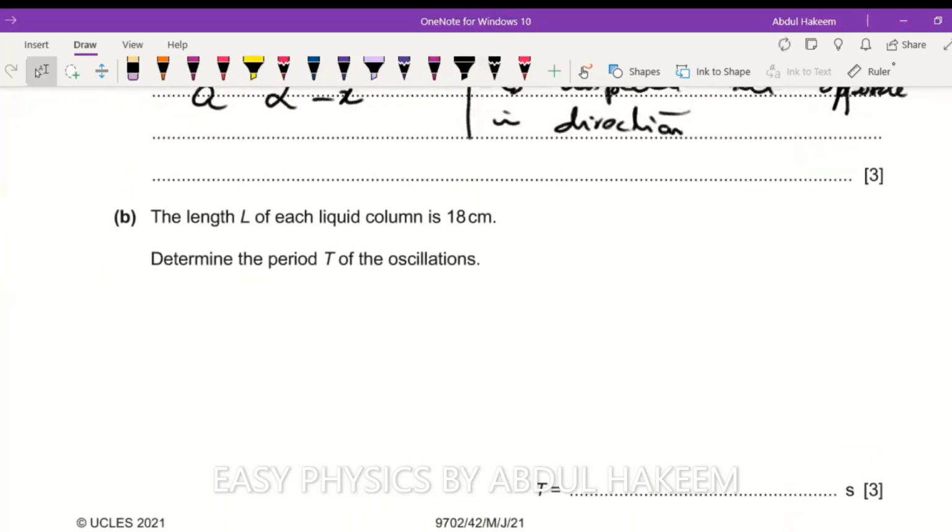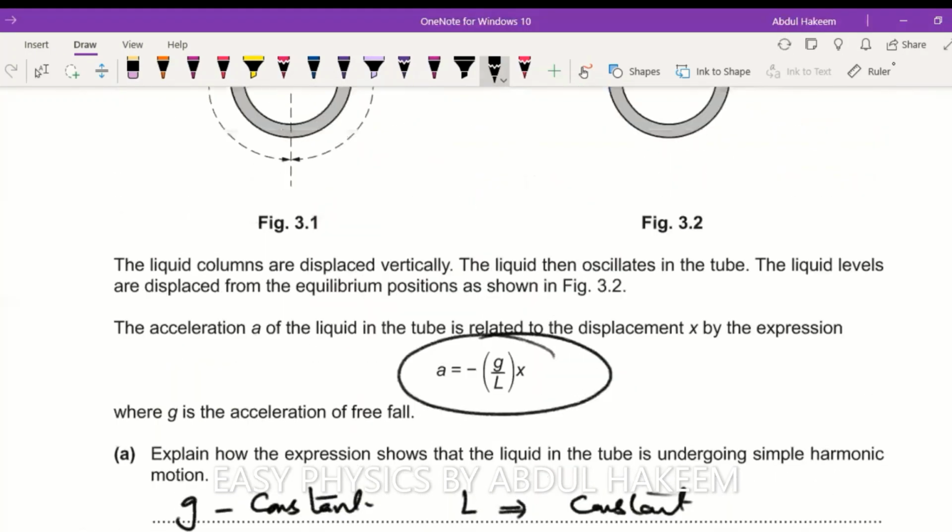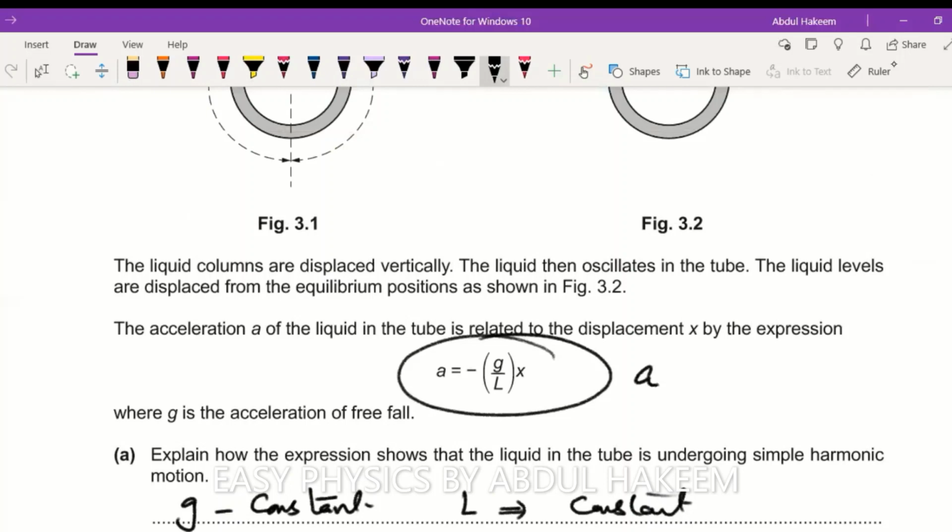The length is given as 18 and the period is required. So look, omega is equal to 2 pi over T. But here, omega square, because the acceleration is equal to minus x omega square.